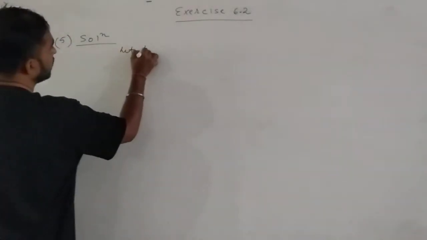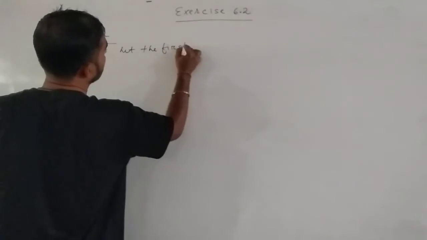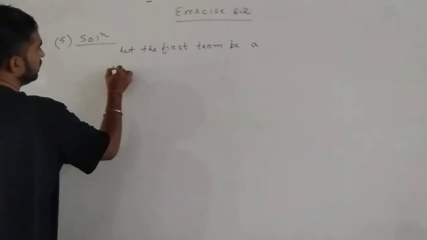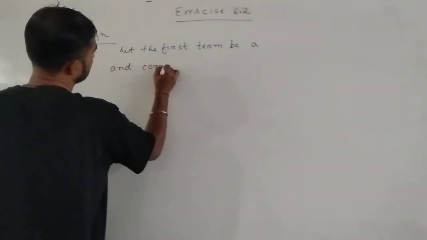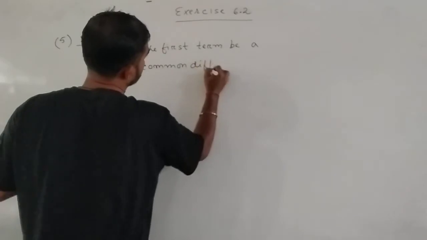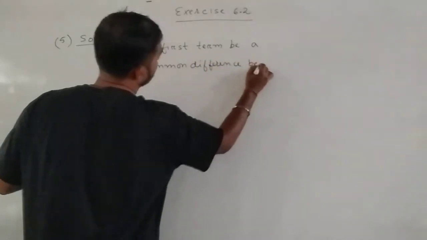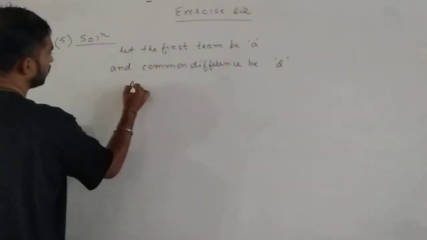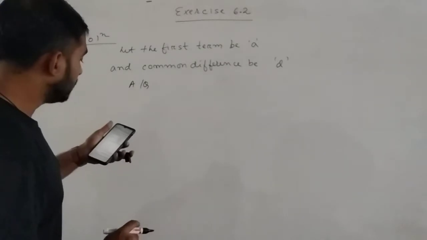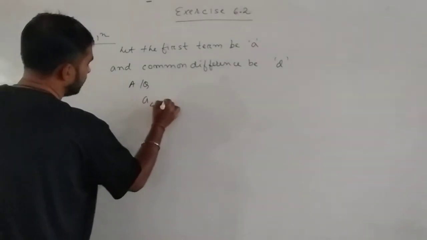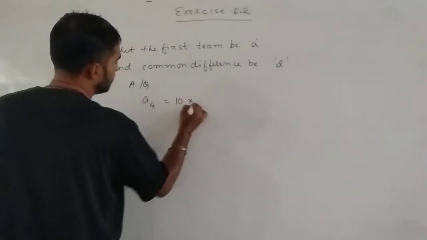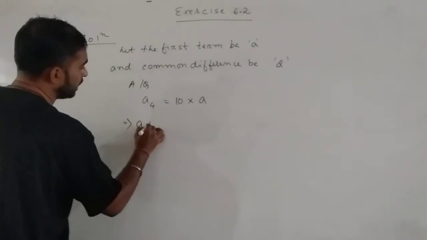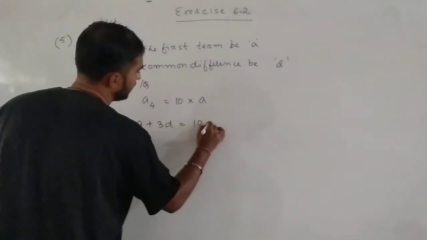So first of all, let the first term be A and the common difference be D. According to the question, in AP the fourth term A4 equals 10 times the first term A. Now A4 equals A plus 3D equals 10A.